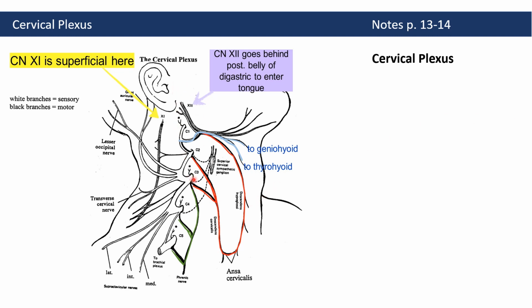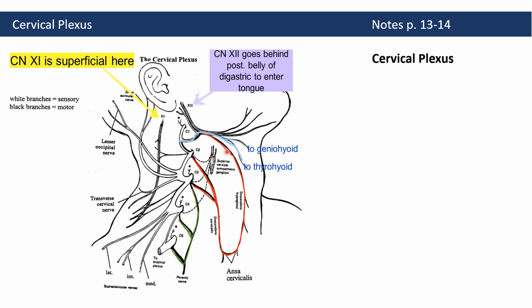So let's orient ourselves on this image and remember that the mastoid process is located about right here where my pointer is. And the sternocleidomastoid muscle then moves inferiorly and anteriorly across the neck.